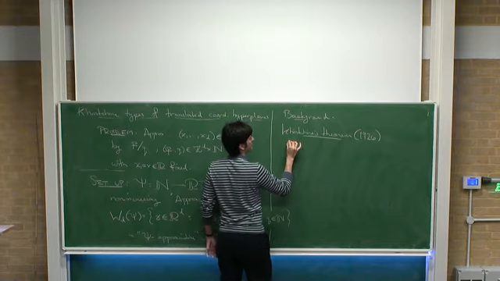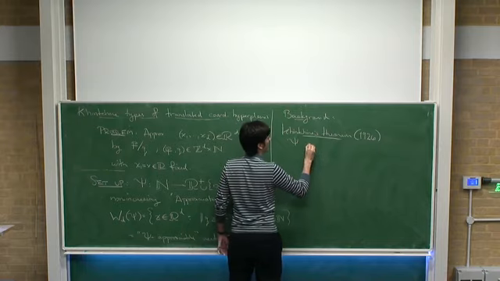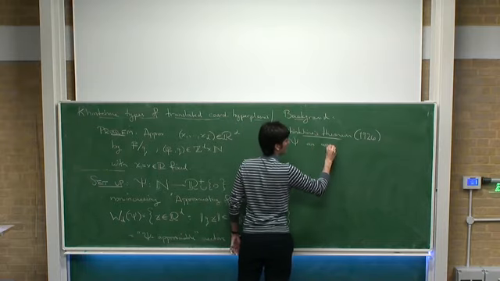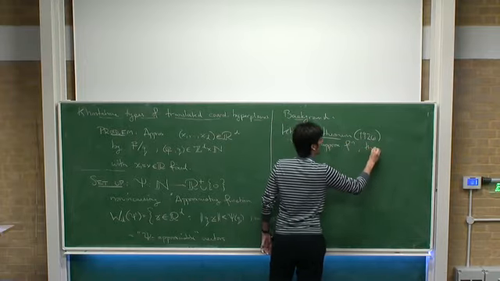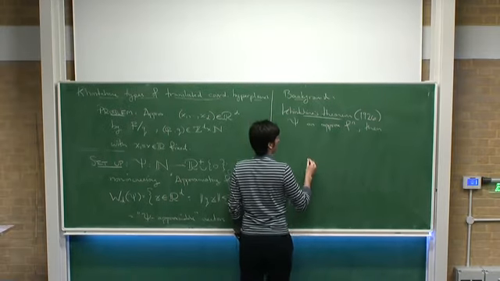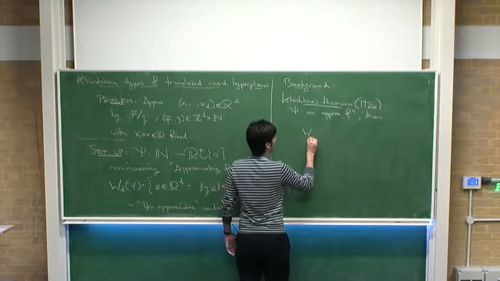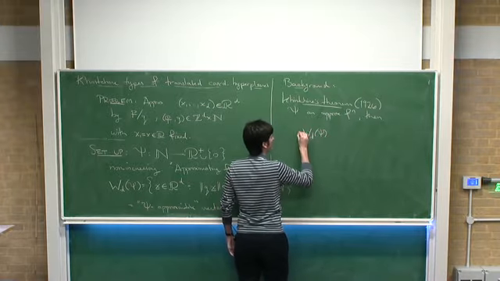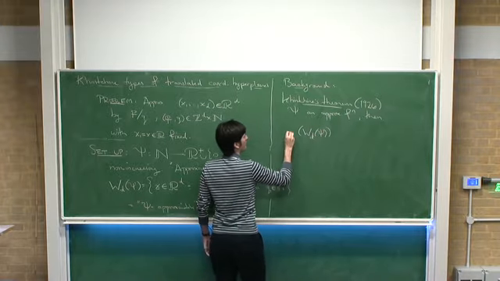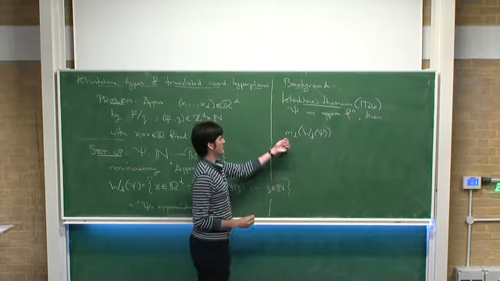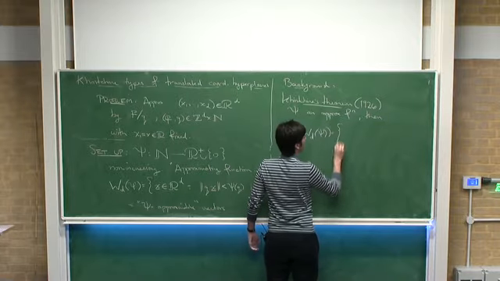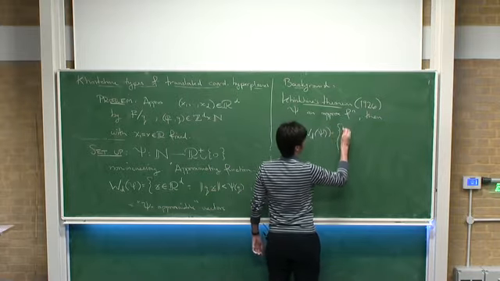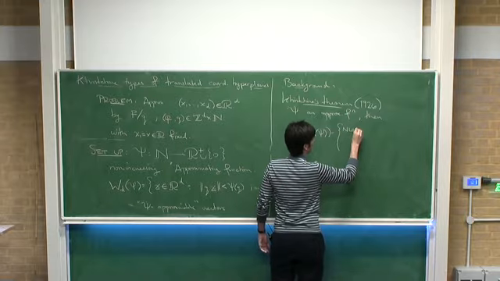So the statement is that if psi is an approximating function, then when we look at this set that I've just defined, and we want to know its d-dimensional Lebesgue measure, it's either a full set or a null set.